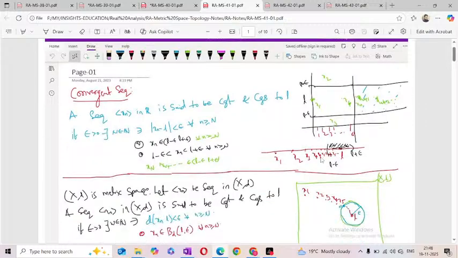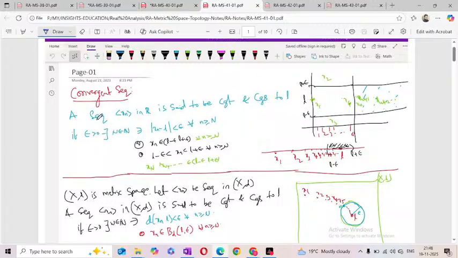Okay, now we'll come to the sequence. Before going to the sequence in the metric space, we'll observe the sequence in real analysis. What is the definition of a convergent sequence in real analysis?